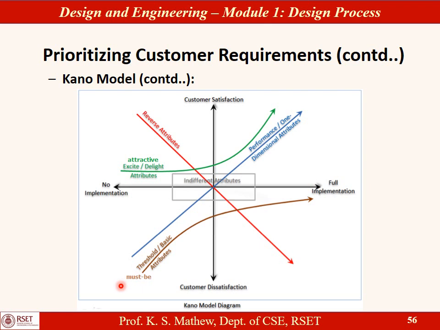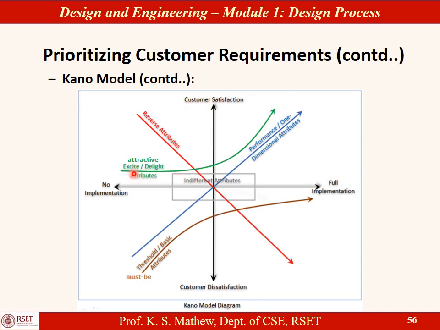One-dimensional, these are the features customers normally state. In that case, if it is implemented, the customer will be happy. If it is not implemented, the customer will be unhappy. Attractive requirements, if they are implemented, customer satisfaction will be high.